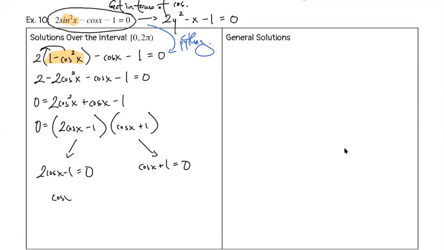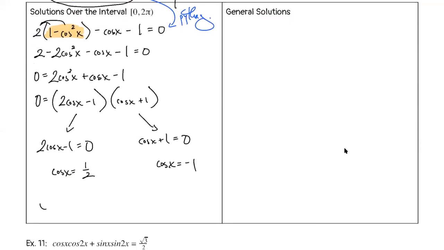We'll get cosine x equals 1/2, and we'll get cosine x equals -1. Okay. We check our unit circle, we see where these things are true. We'll get pi over 3, 5 pi over 3, and x equals pi. Okay.